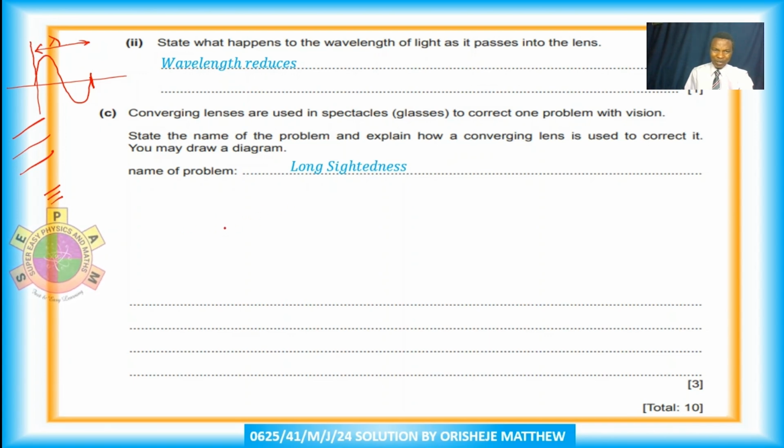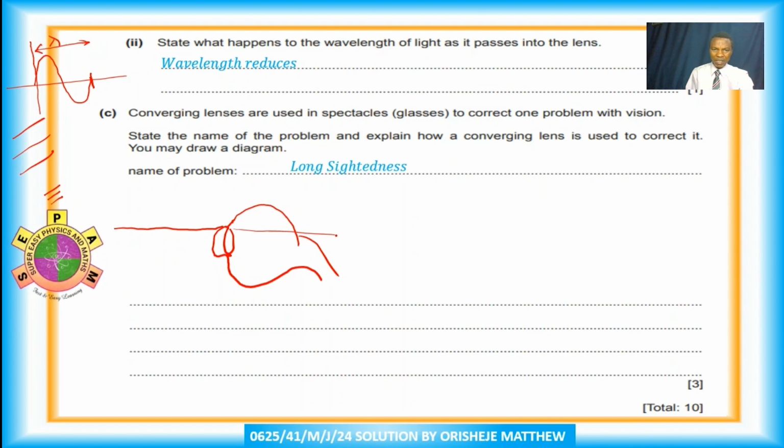So this is what happens. You have the human eye, then the optic nerve. A ray of light from a distant object strikes the lens of the eye, then the image is formed behind the retina.